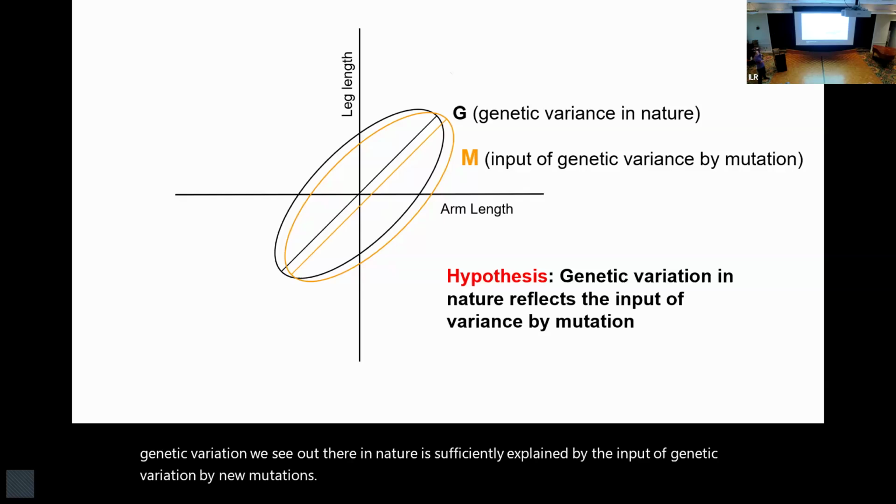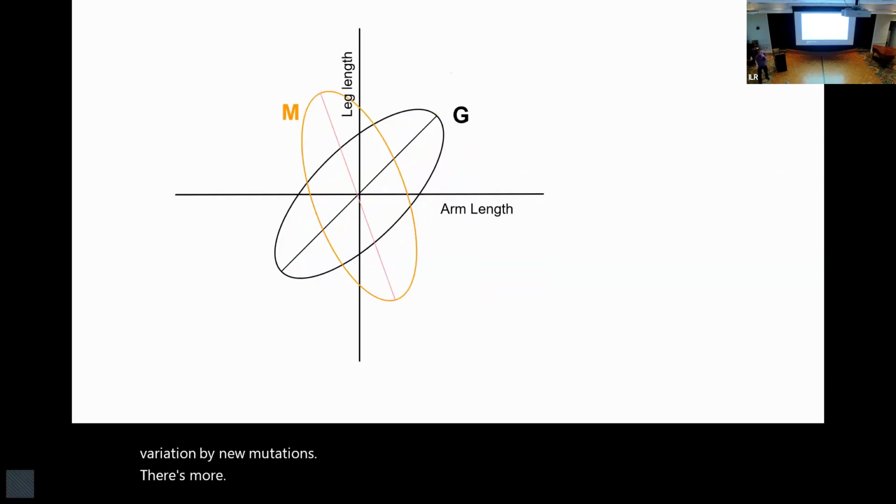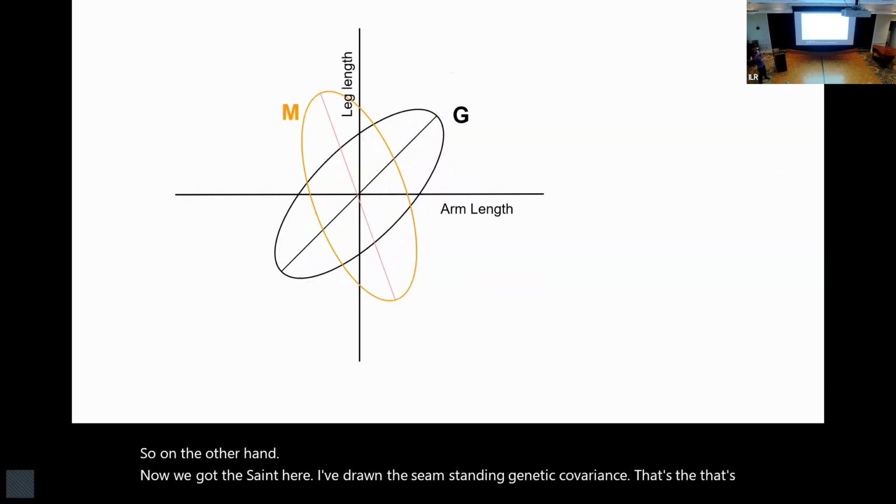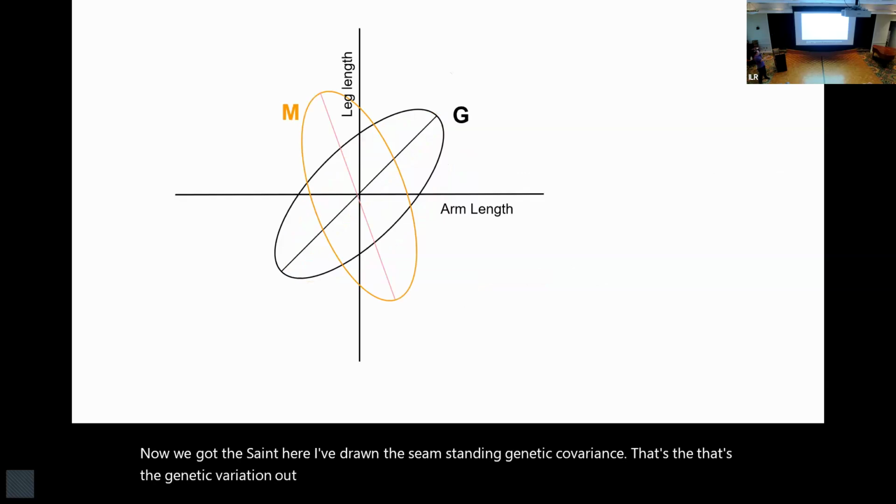There's more. On the other hand, here I've drawn the same standing genetic covariance, the genetic variation that we see out there in nature. But now when I look at the genetic effects of new mutations, I see something that looks like this.